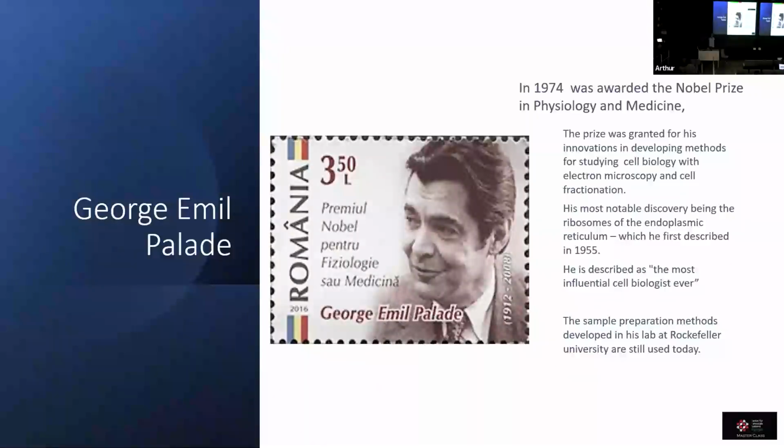So it all started with electron microscopy with George Emil Palade. In the 50s, when the first electron microscopes came out, he and his group of people at Rockefeller wanted to use this instrument to help form and create the science of cell biology. And so he won the Nobel Prize in 1974 for work done in the 50s.